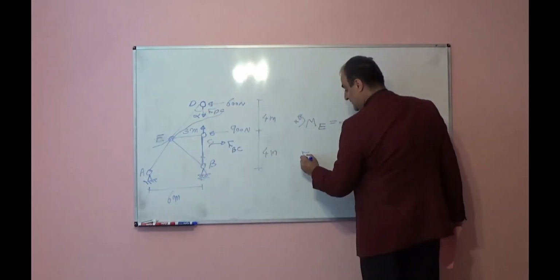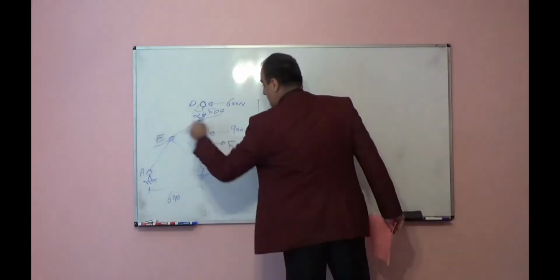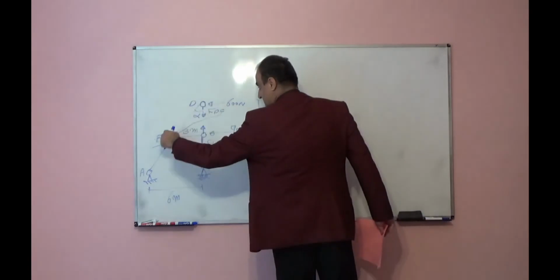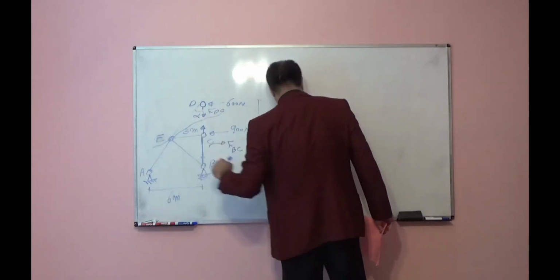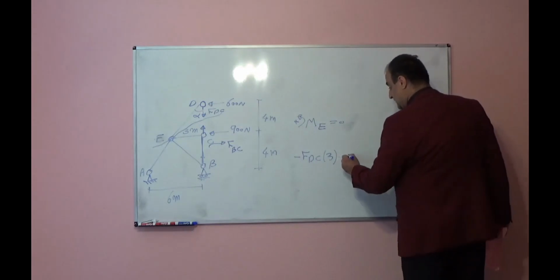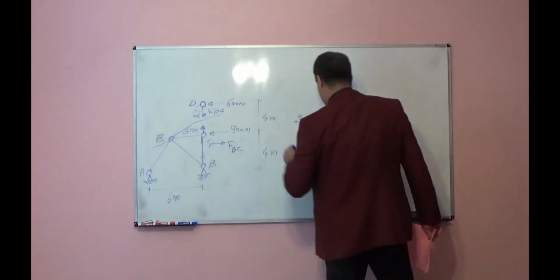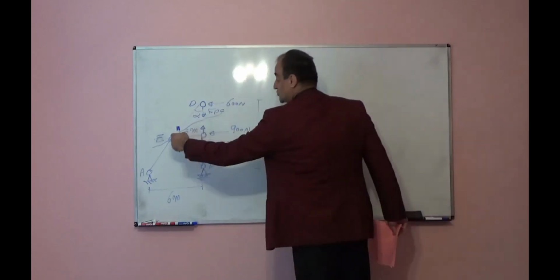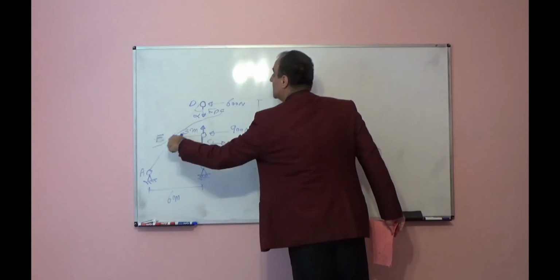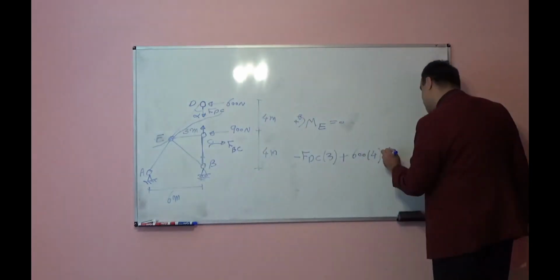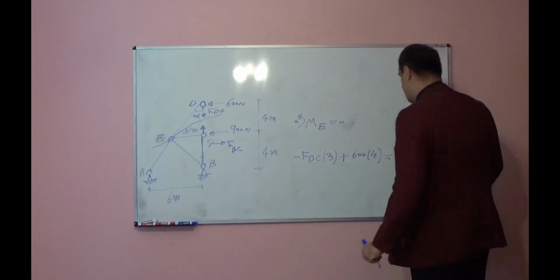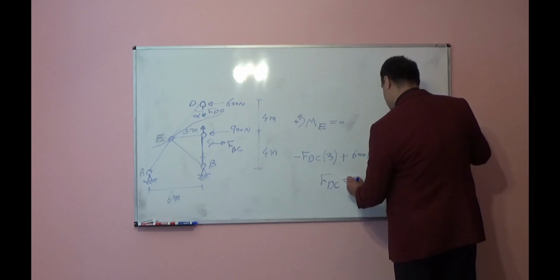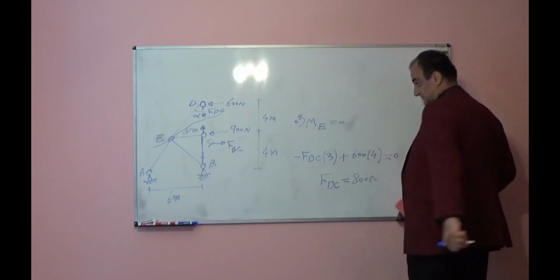I will have FDC, distance up to point E times 3, rotates this part, this rod, respect to E, clockwise, negative, plus 600 times distance, 600 times 4, because it wants to rotate this part respect to E counterclockwise, so positive, is equal to 0. From here again FDC will be 800 Newton.